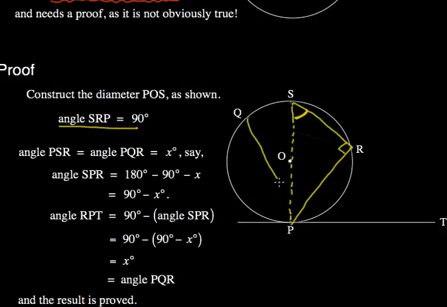We've got two triangles here subtending from the chord PR, and we know that these two angles here are equal. So this has now created any sort of random triangle inside our circle, and they've called that angle X.